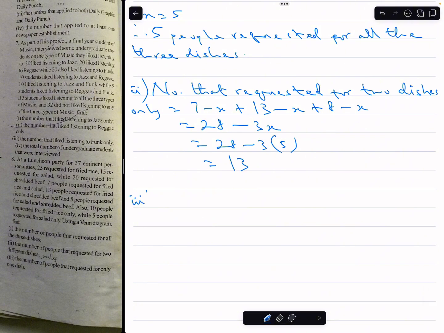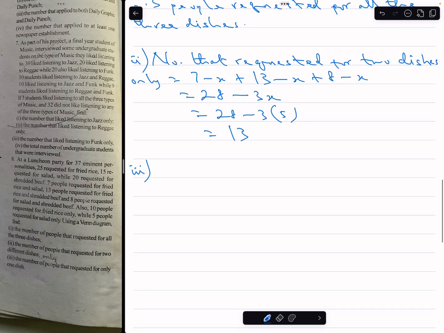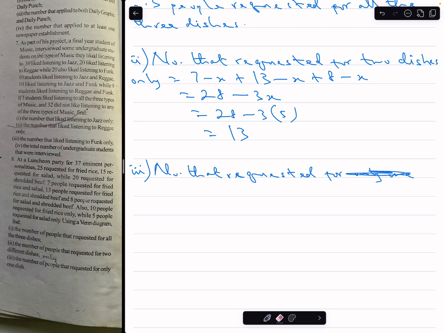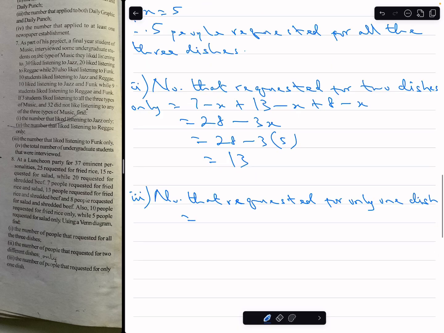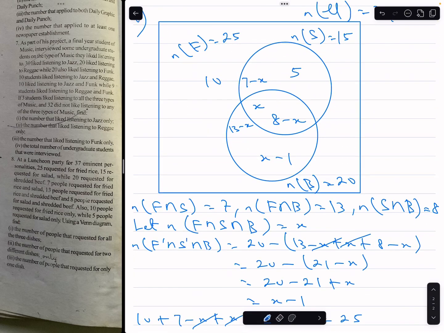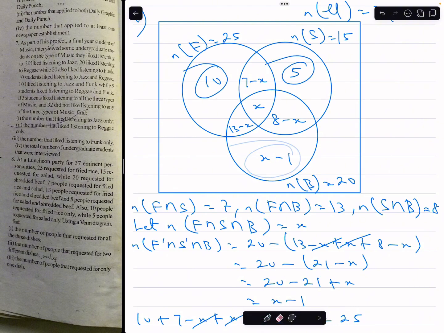Now to Roman figure 3. The number of people that requested for only one dish will be equal to those that got only fried rice, plus those that got only salad, plus those that got only shredded beef.